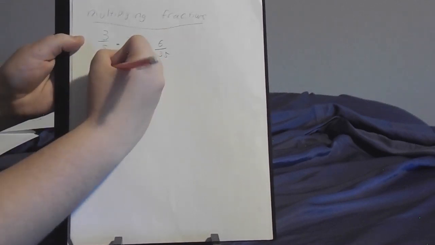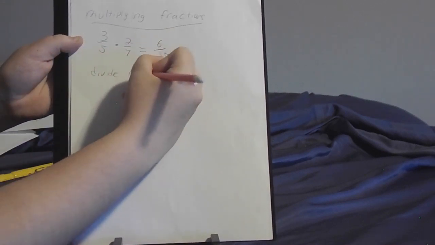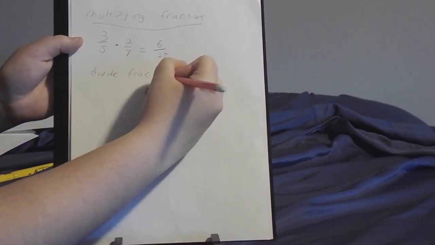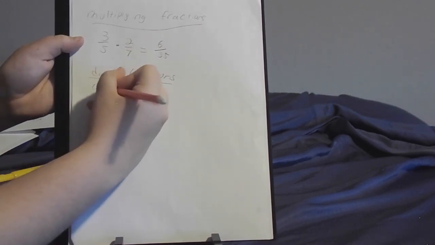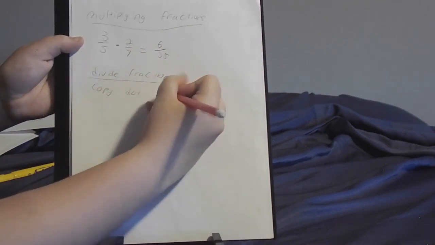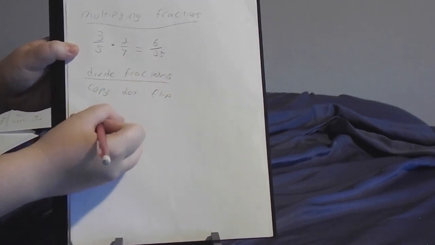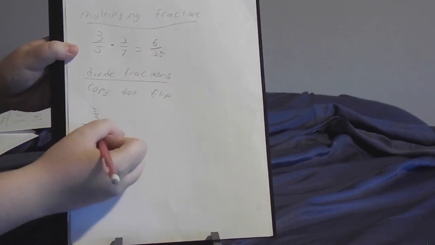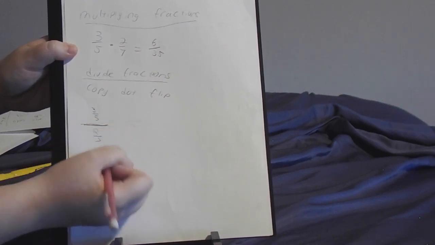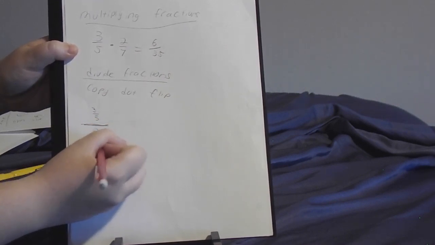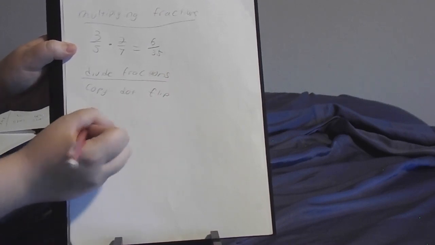If you're ever asked to divide fractions, there's a rule that says copy, dot, flip. So if you want to do 3/5 divided by 2/7, the rule is you copy the first one.